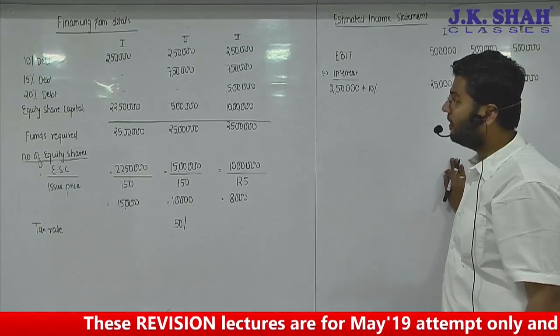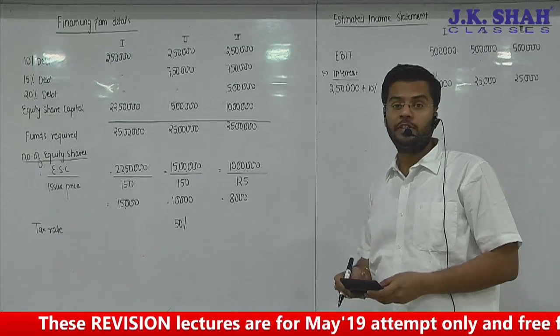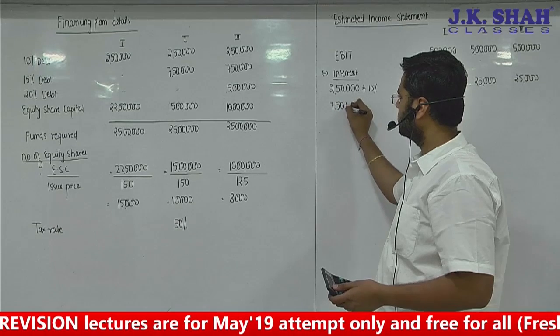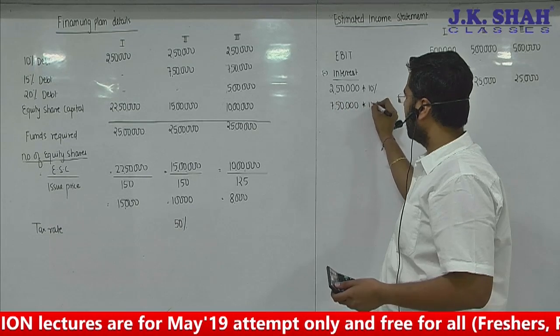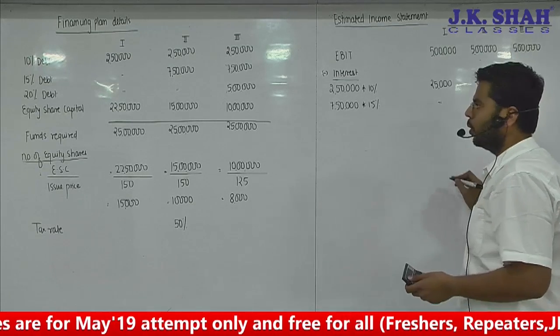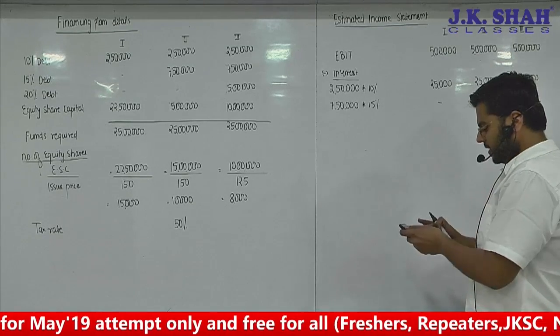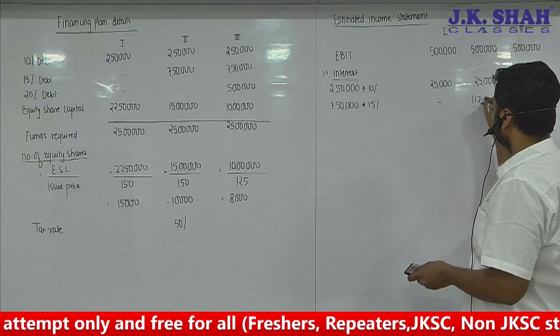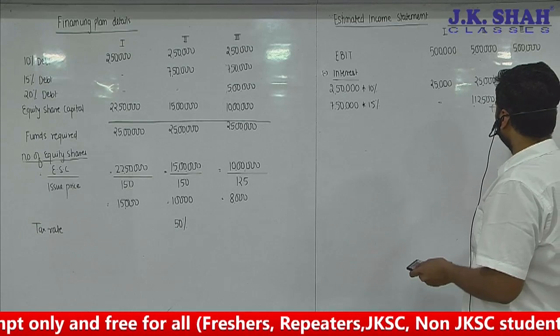It is 7,50,000 of fresh loan which we are going to take in plan 2. So I take 7,50,000 at 15%. Will this commitment occur in this plan? No. Then 7,50,000 into 15%, I have to pay 1,12,500 here, and that will come here as well.